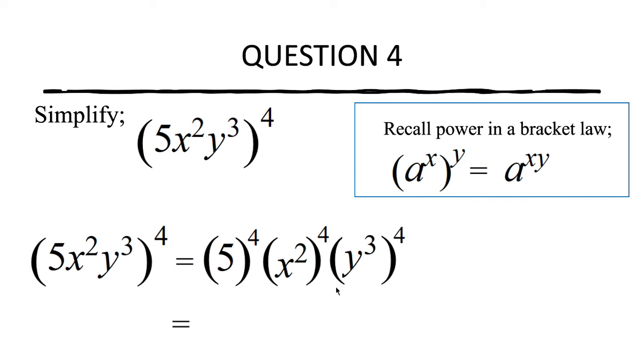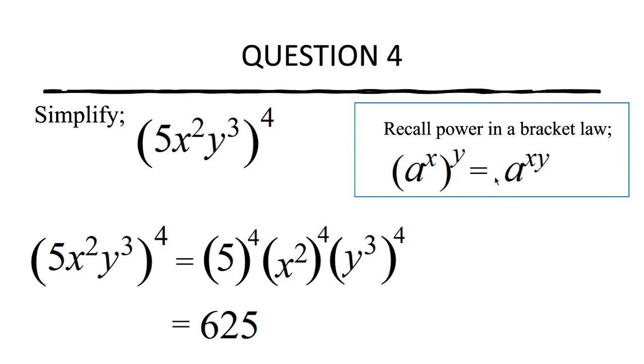Yes, same thing. Now, what is 5 to the power 4? It means 5 times 5 times 5 times 5, and that gives us 625.